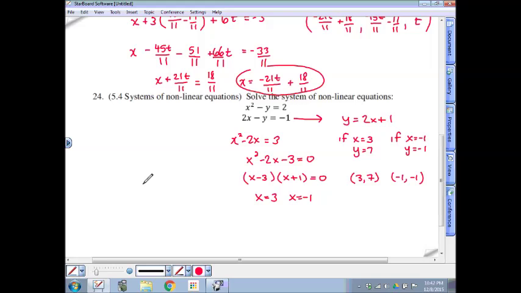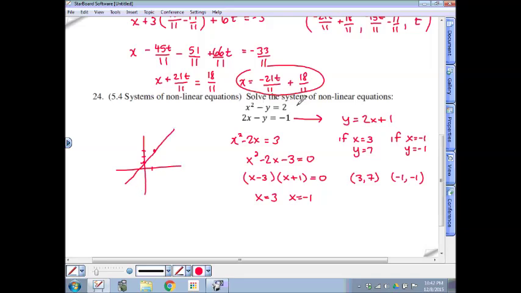If you are really feeling ambitious, you could visualize what's happening here graphically. This bottom equation is just a straight line with a slope of 2.